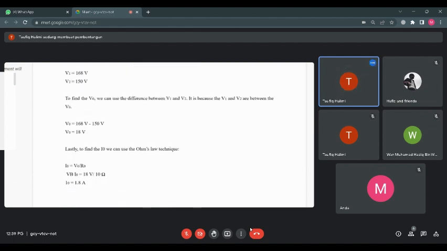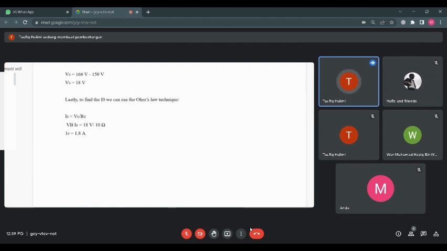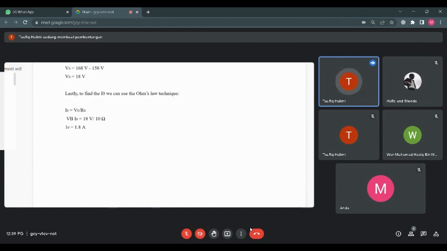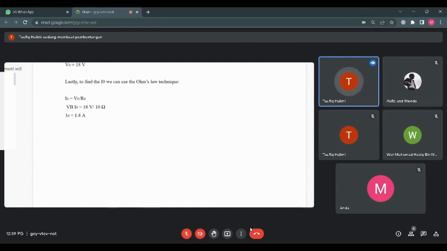The value of V0 is 18 volt. Lastly, to find I0, we use Ohm's law, which is I0 equals V0 over R0. So the answer for I0 is 1.8 ampere. Okay, so I will give it to Muhammad Hafizuddin.